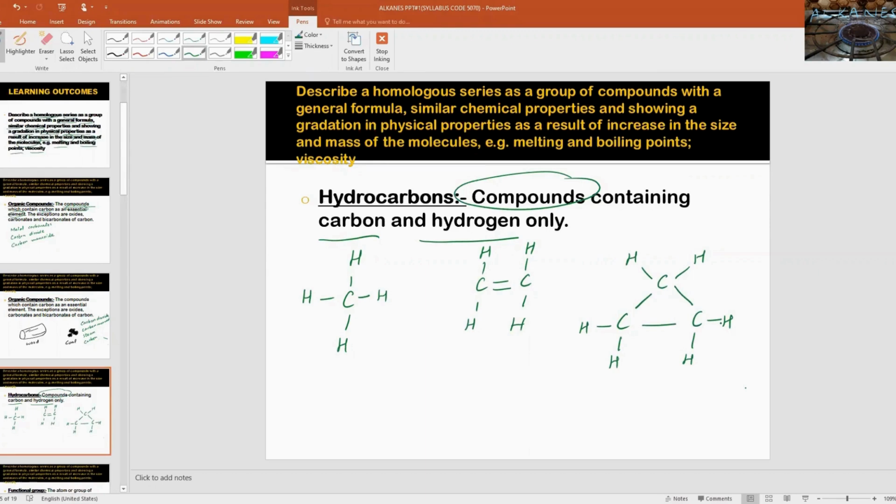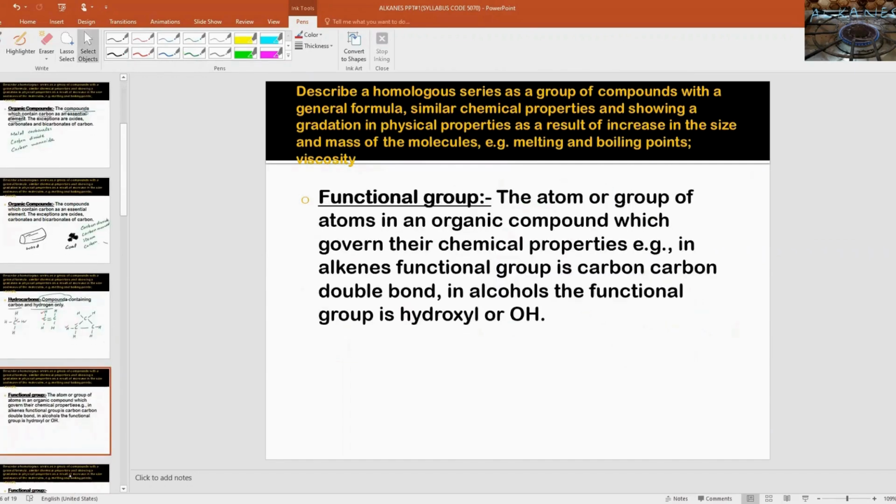In all of these compounds there are only two atoms: carbon, hydrogen. That's why they are called hydrocarbons.